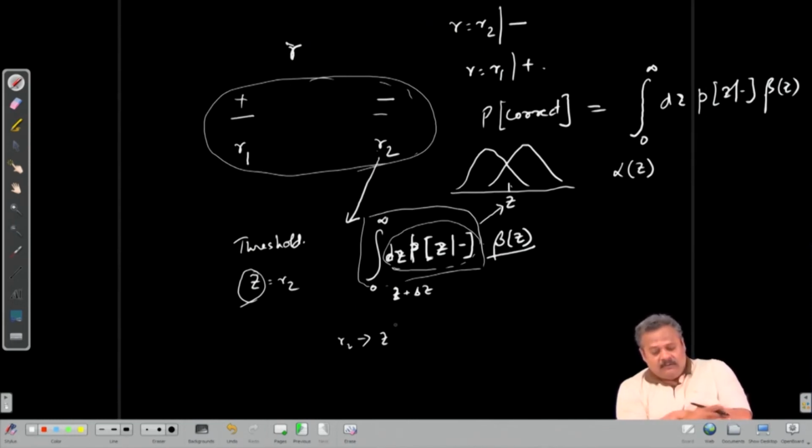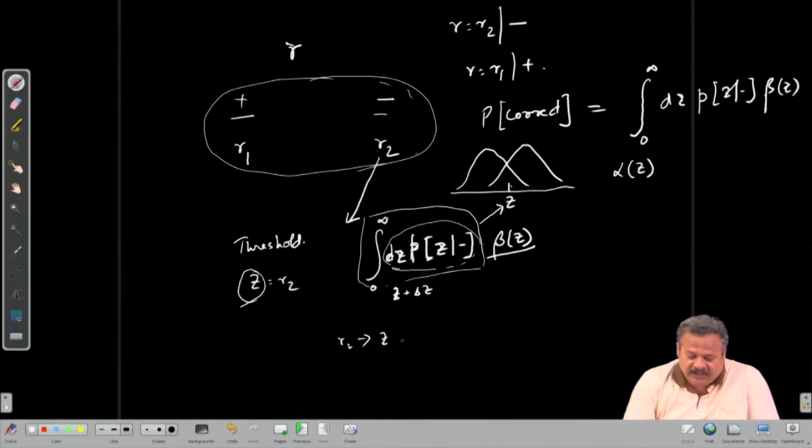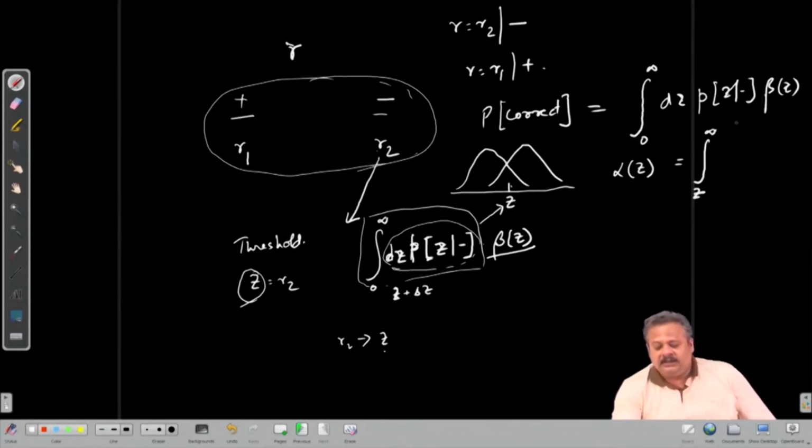We know that given the stimulus is minus, we are saying that the stimulus is plus. So the actual stimulus was minus, then if this is our z, we essentially get the integral of the z being 0, z to infinity, that is over this range.